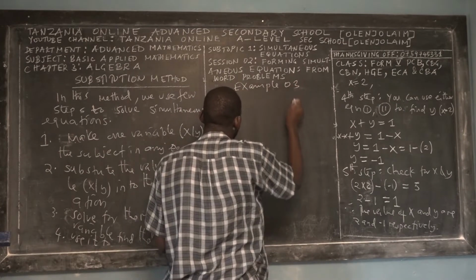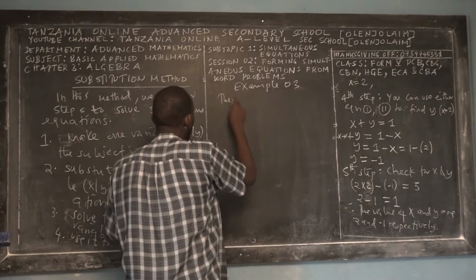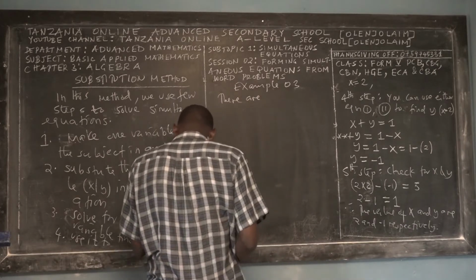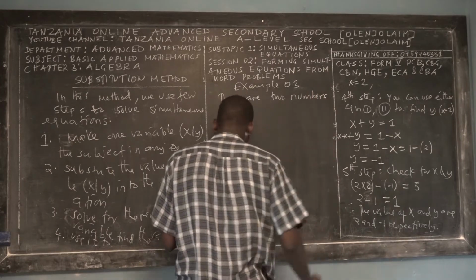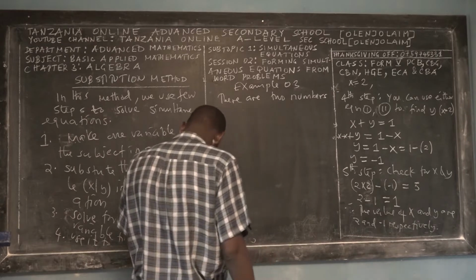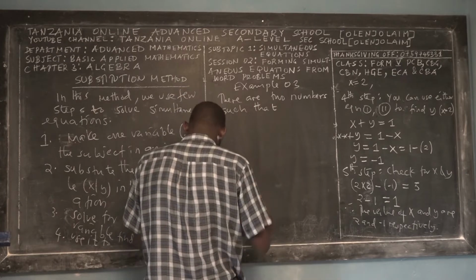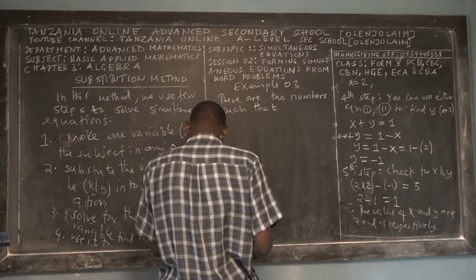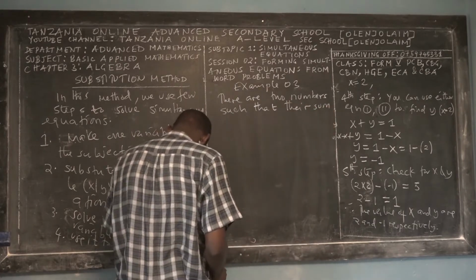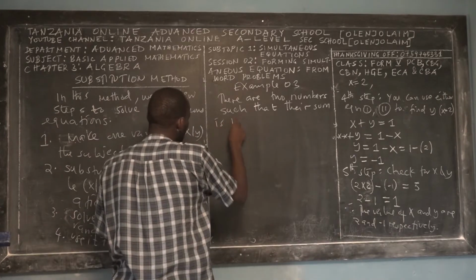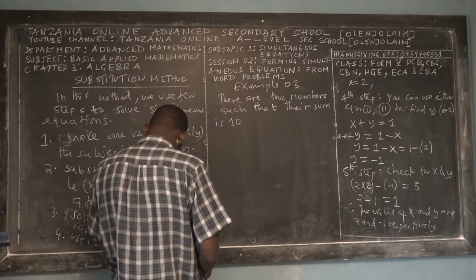So example 3. There are two numbers. The first responsibility is to form the linear equations. There are two numbers such that the sum is 10, and the sum of their squares is 52.